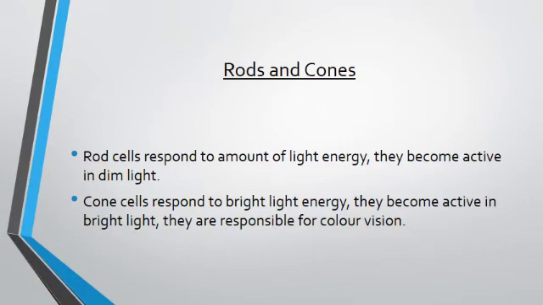It means rod cells help you to see even in dim light, and cone cells respond in bright light only and they are responsible for color vision. So this is the difference between rod cell and cone cell: rod cells help you see in dim light, whereas cone cells help us to see different colors.